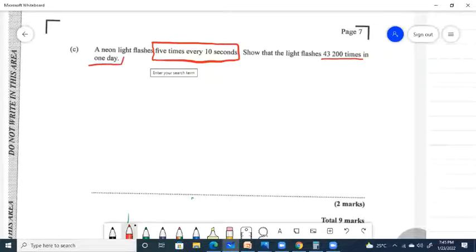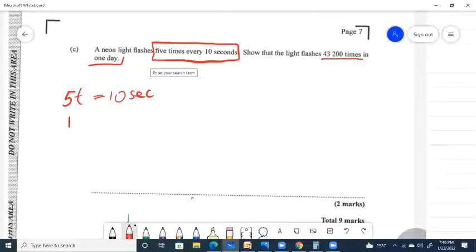What we want to do here is find out how many seconds are in a day. Then I can use the 5 times every 10 seconds to find out how often it flashes.